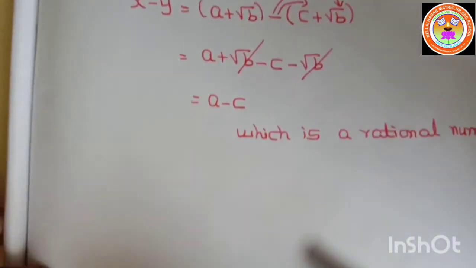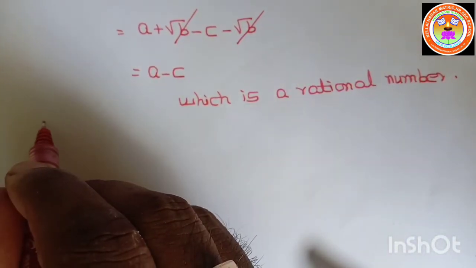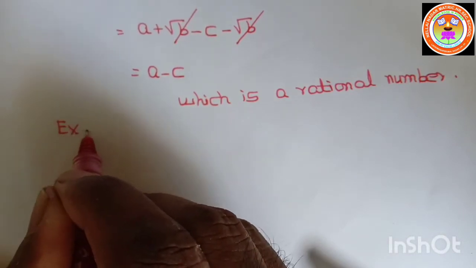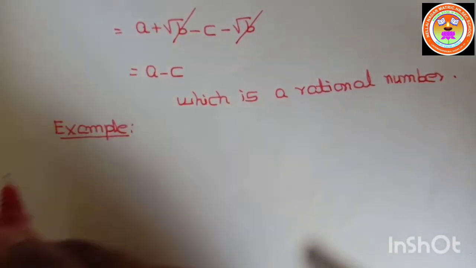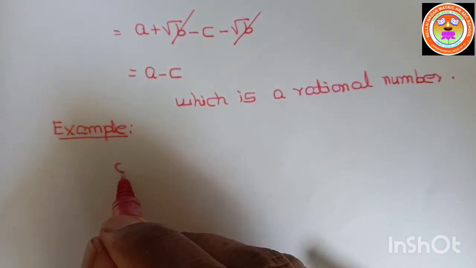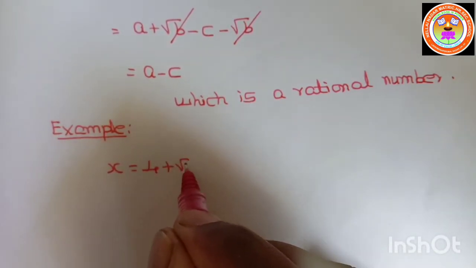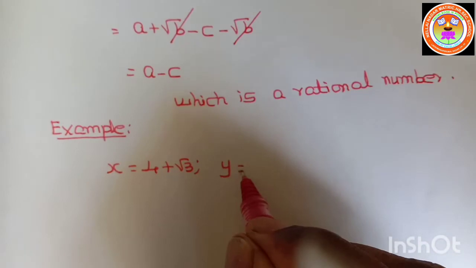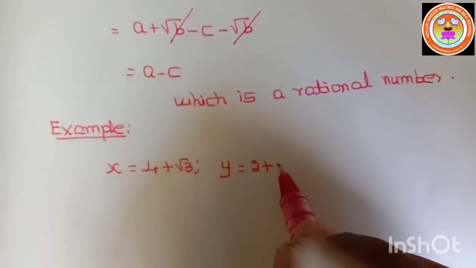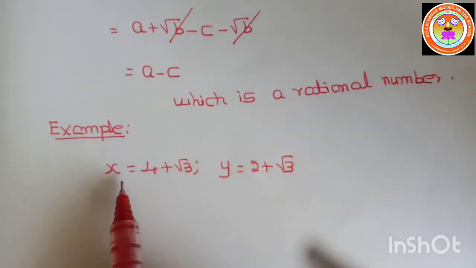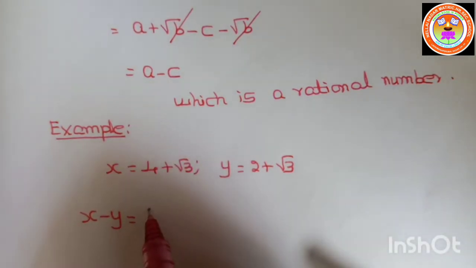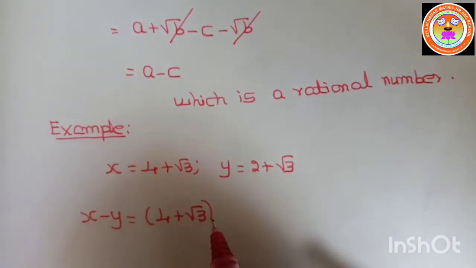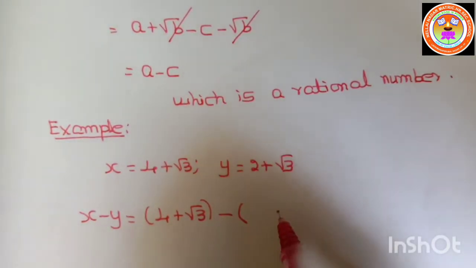I'll give one example. I'll take two irrational numbers. X equal to 4 plus root 3, y equal to 2 plus root 3. The difference, we subtract x minus y: 4 plus root 3 minus 2 plus root 3.